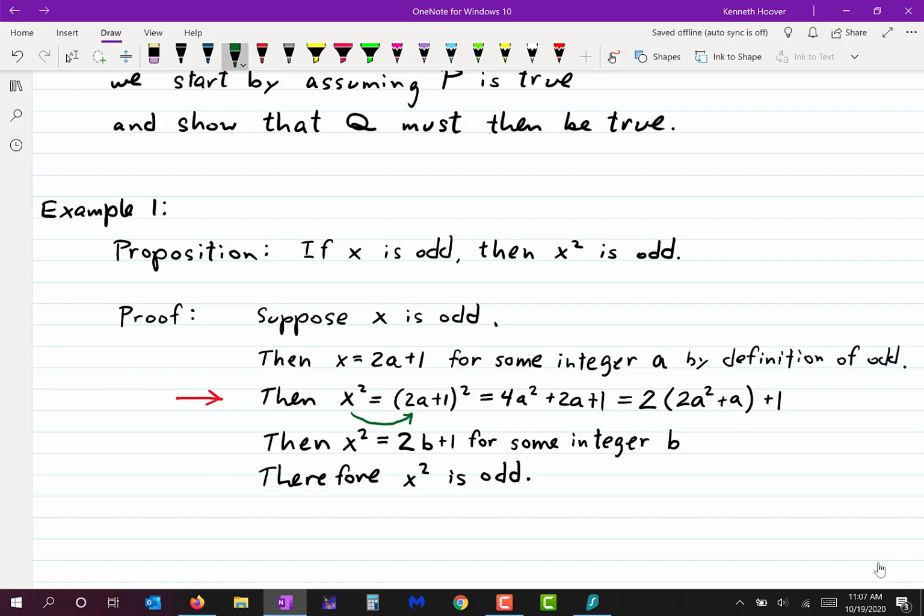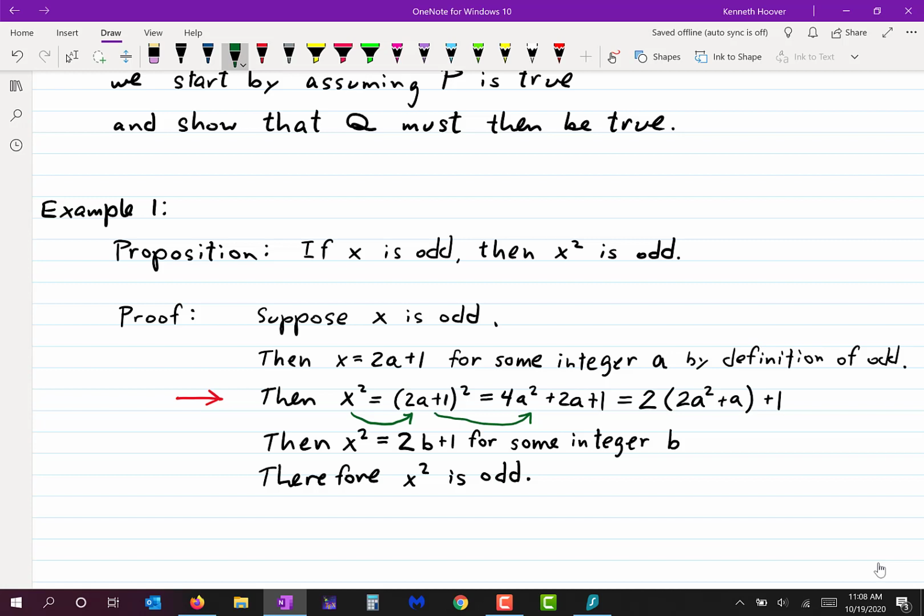If x is 2a plus 1, then x squared is (2a plus 1) squared. And then what did we use to get from here to here? We used the distributive property many times. (2a plus 1) squared equals (2a plus 1) times (2a plus 1), and we distributed the 2a over 2a plus 1, and then we distributed the 1 over 2a plus 1.